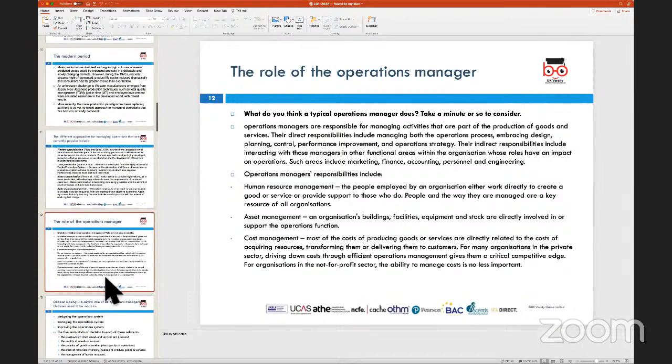Let's look briefly at the role of an operations manager. Now, if you put on your thinking hat and think for a minute, what does the operations manager do? An operations manager could be working in any organization, any company, any type of setup.